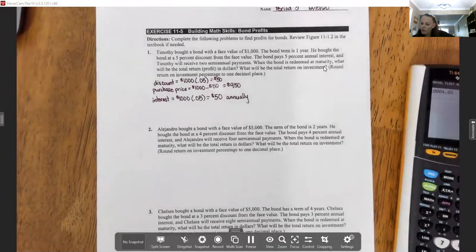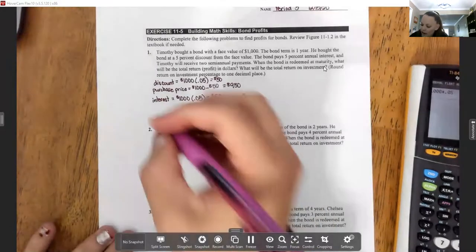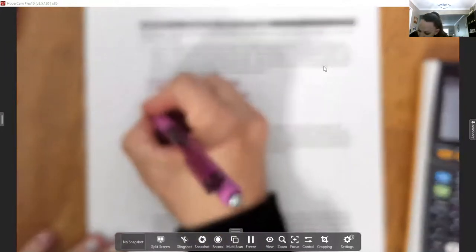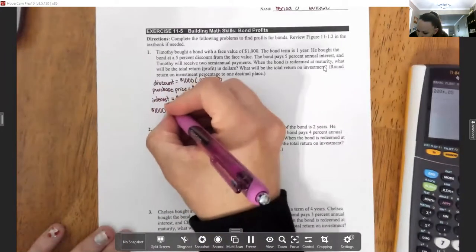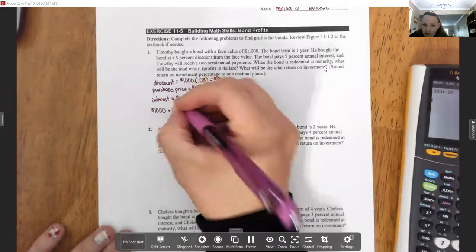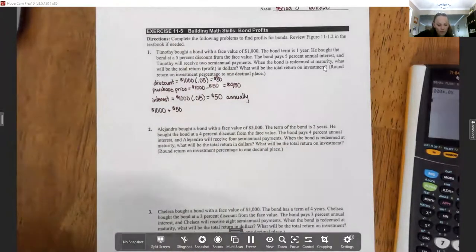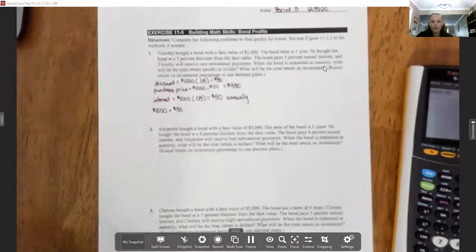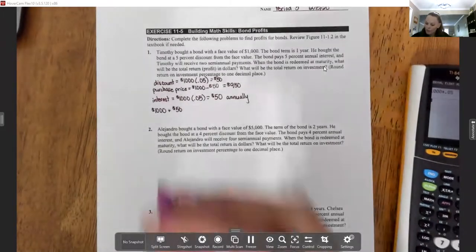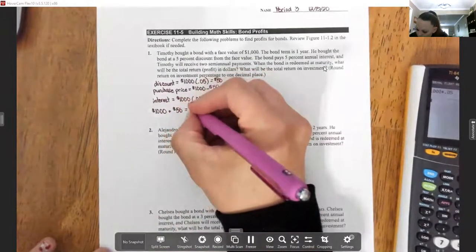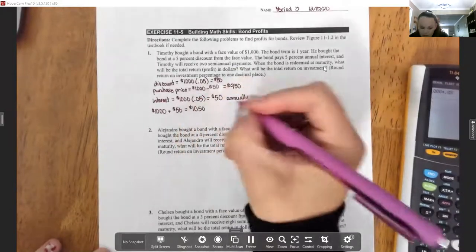Okay, so at the end of the year, he's going to get $1,000 for the bond plus his $50 interest. So that's $1,050.